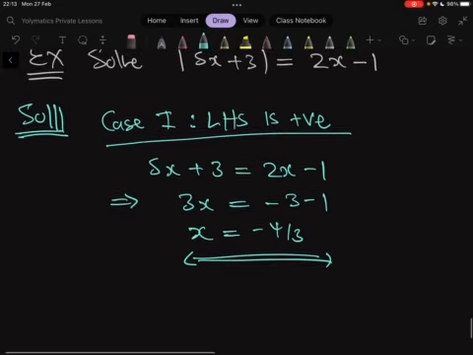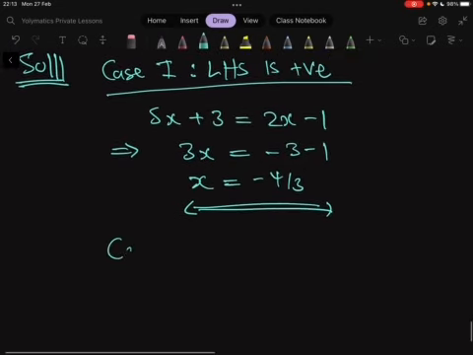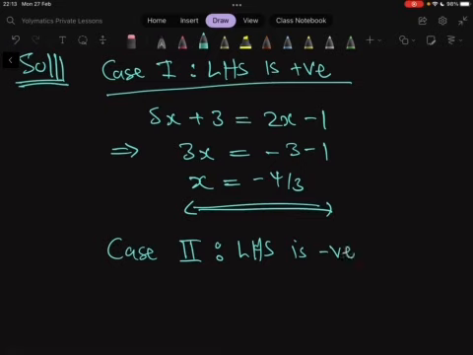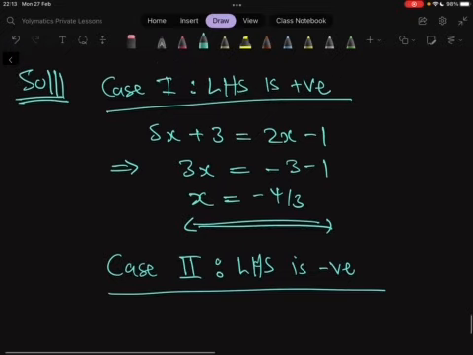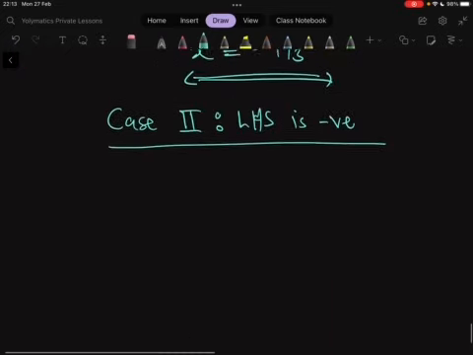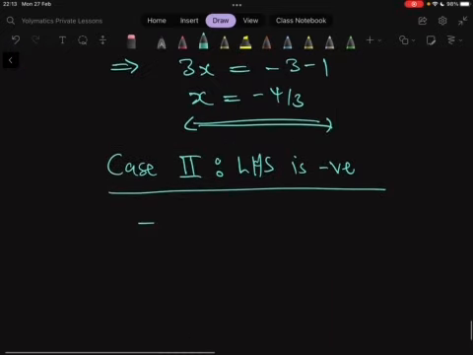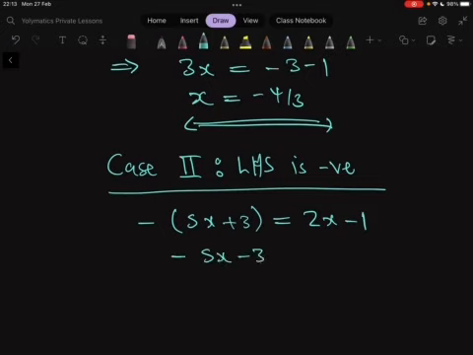Then I look at the other case, case 2, where the left hand side is negative. If the left hand side is negative, I multiply that part by negative. So I'll have -(5x + 3) = 2x - 1, which is -5x - 3 = 2x - 1.